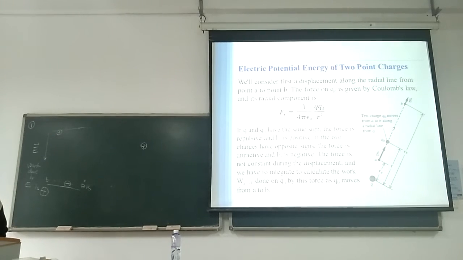If Q and Q0 have the same sign, the force is repulsive and F_r is positive. If the two charges have opposite signs, the force is attractive and F_r is negative.